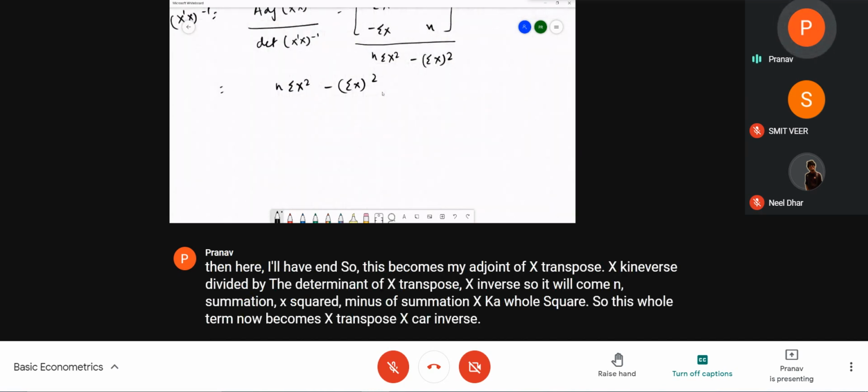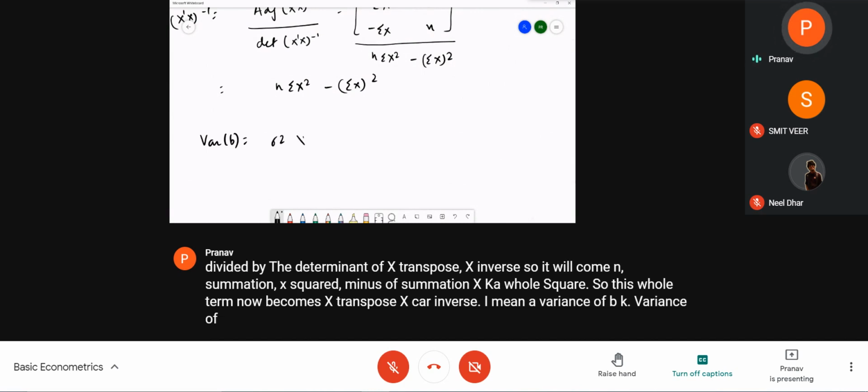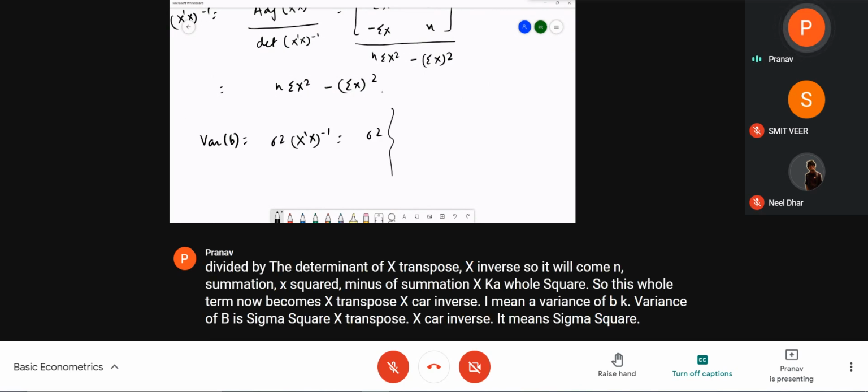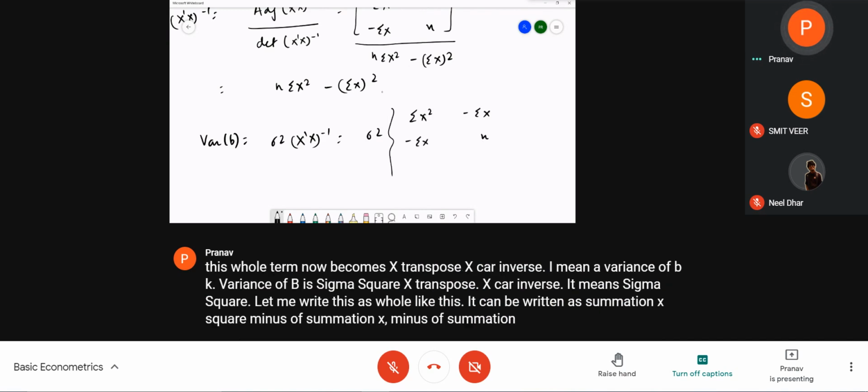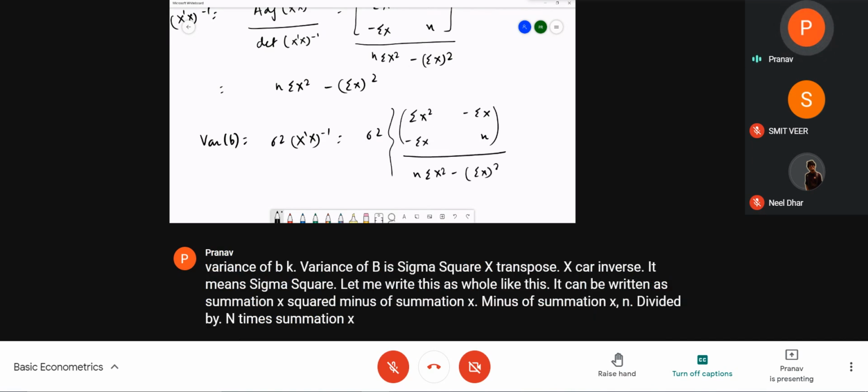Now what is my variance of B? Variance of B is sigma square X transpose X inverse. It means sigma square, let me write this as whole like this. It can be written as summation X square, minus summation X, minus summation X, n, divided by n times summation X square minus summation X whole square.